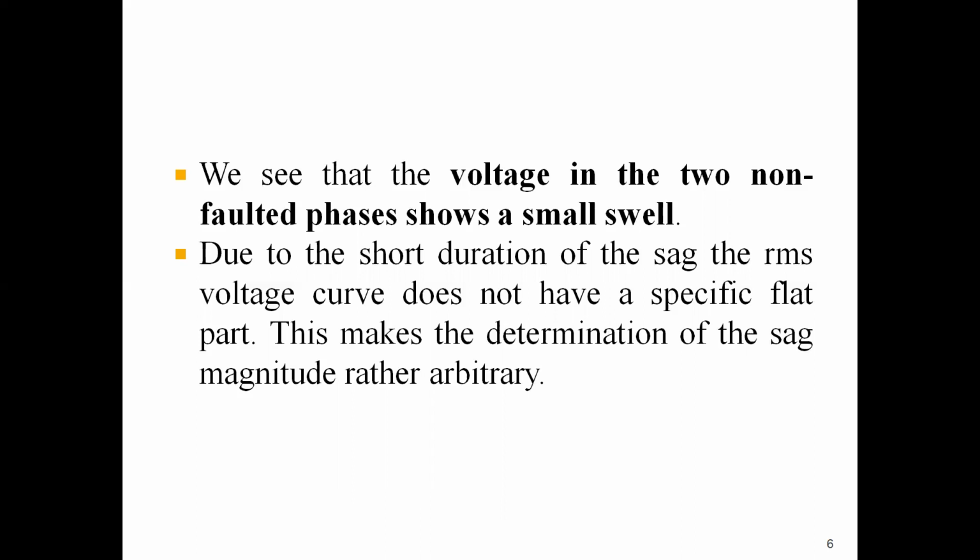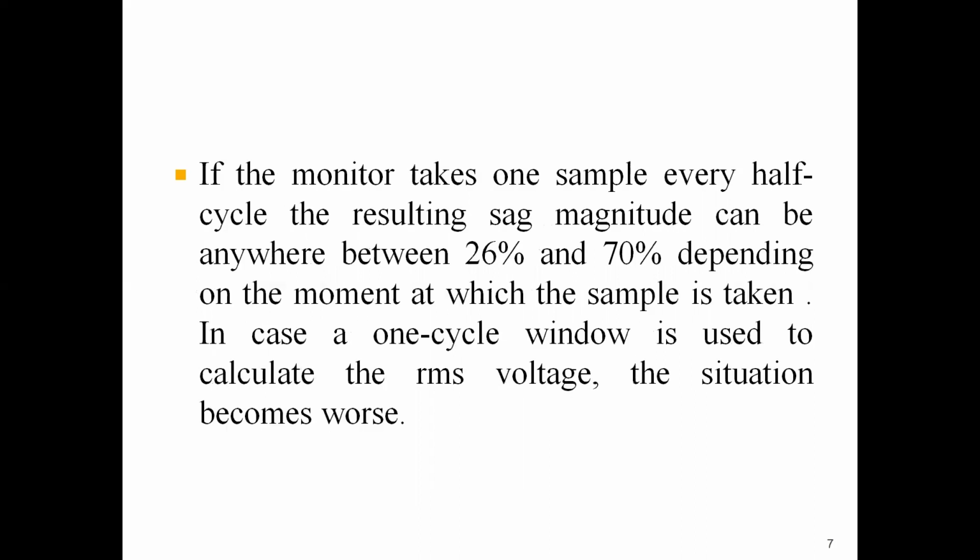Due to the short duration of the sag, the voltage does not have a specific flat part. Already we have seen even in a single phase during the sag, the voltage is not constant. And here also in the three-phase system, due to the short duration of the sag, the RMS voltage curve does not have a specific flat part. This makes the determination of sag magnitude arbitrary or a little bit difficult.